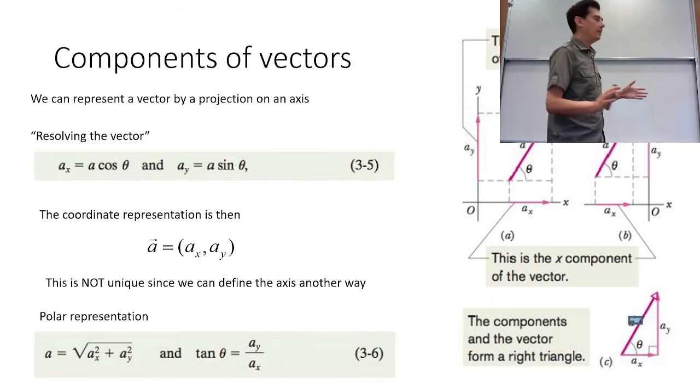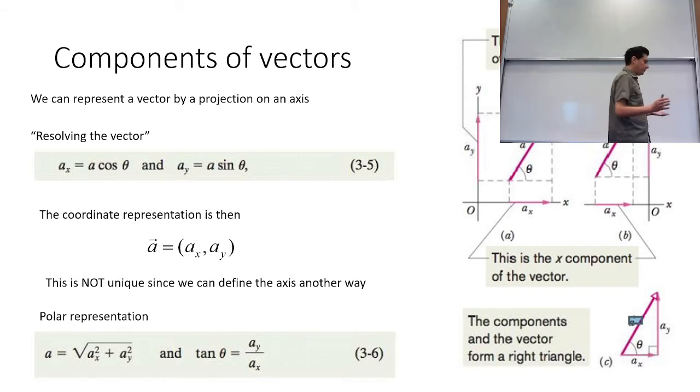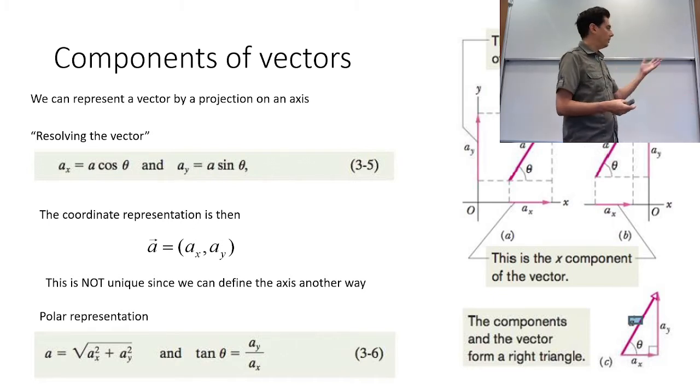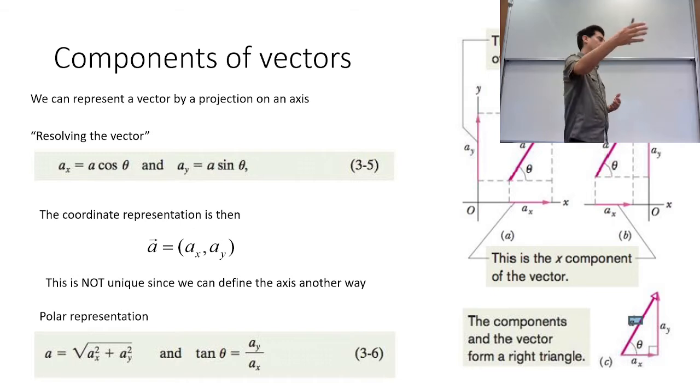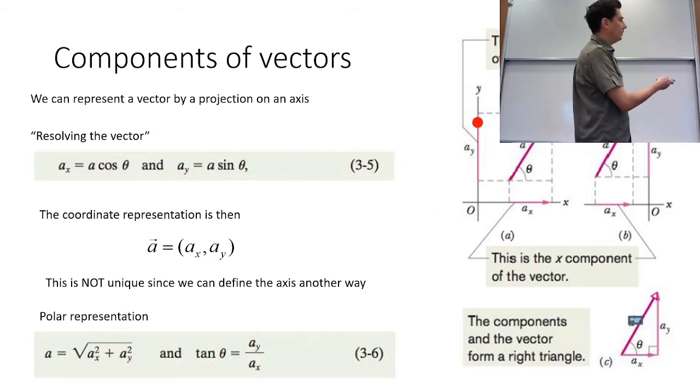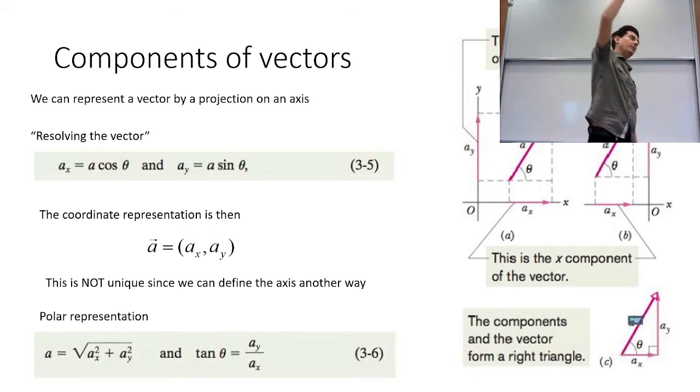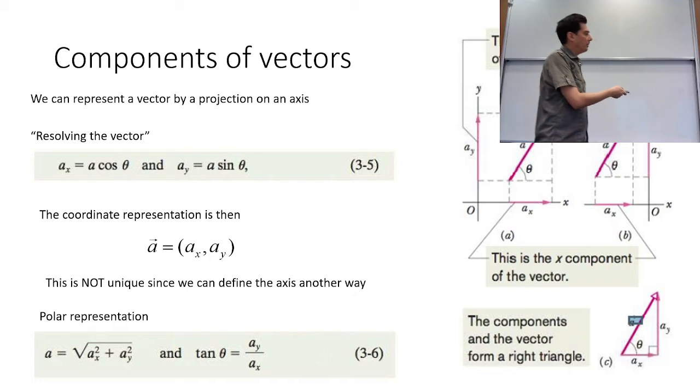You can choose your coordinates as you like, and it's like your viewpoint of the vector. If you look at it from different angles, or say this coordinate system was rotated 45 degrees or some other angle, obviously these components would be different.